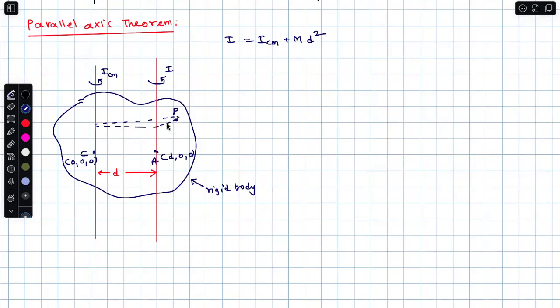So this point is Q and this point is some R. Imagine the plane PQR is above the plane that contains CA. The coordinates of Q are simply 0, 0, z. What about the coordinates of R? The coordinates of R are simply d, 0, z.